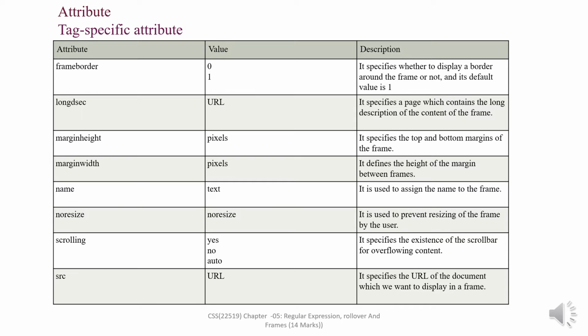Then scrolling, the value is yes, no or auto. It specifies the existence of the scroll bar for overflowing content. Then SRC is a URL. It specifies the URL of a document which we want to display in a frame. Okay, according to this, we can use these different attributes in the frame.